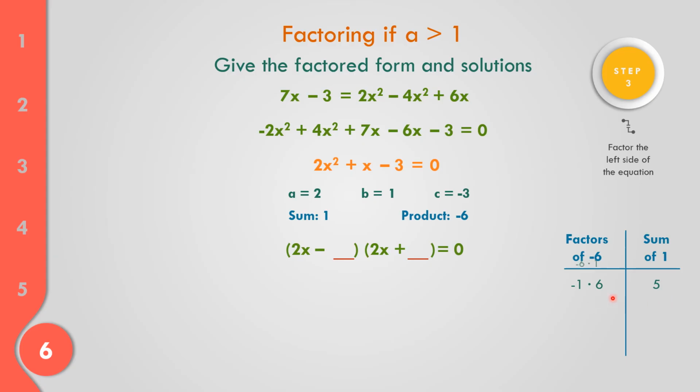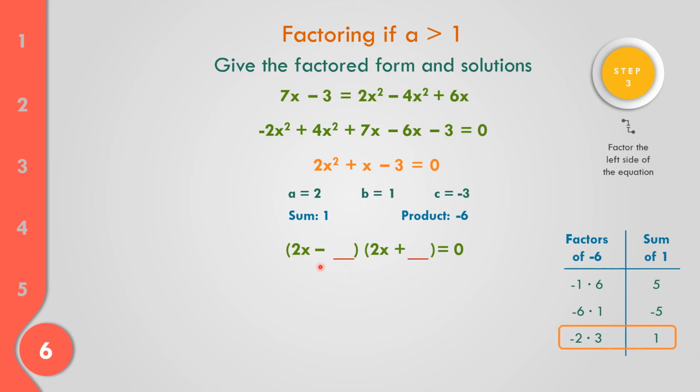If we change the sign, negative 6 times 1, that is negative 6. But then negative 6 plus 1 is equal to negative 5. So it is incorrect. Another factor of negative 6 is negative 2 times 3, correct? Negative 2 plus 3 is equal to 1. So it satisfies that the product is negative 6 and the sum is equal to 1.